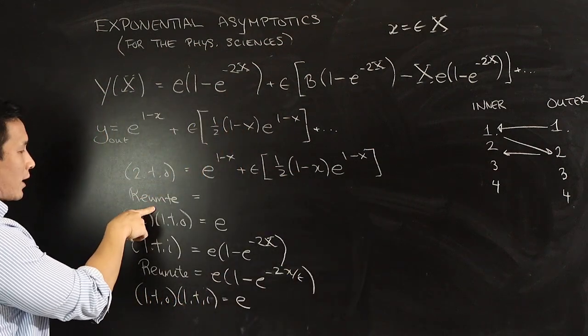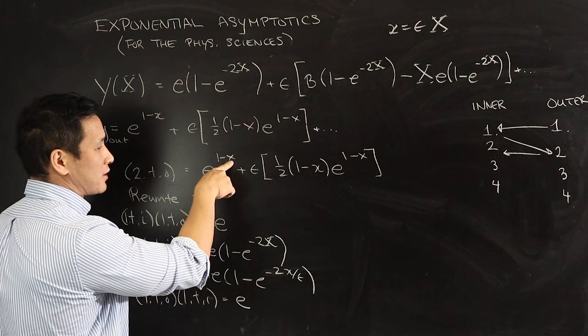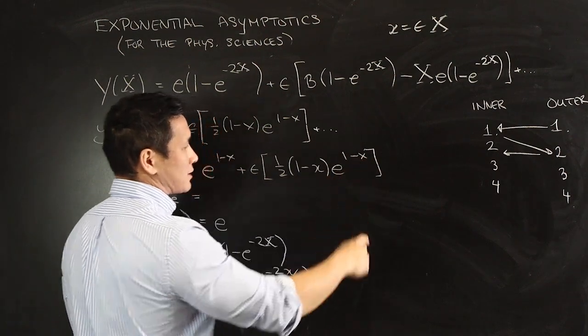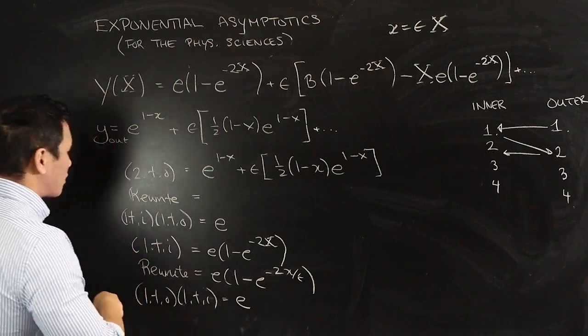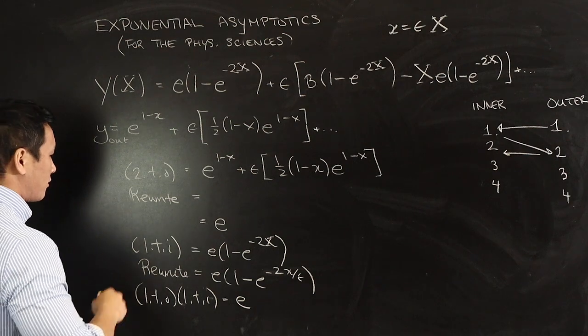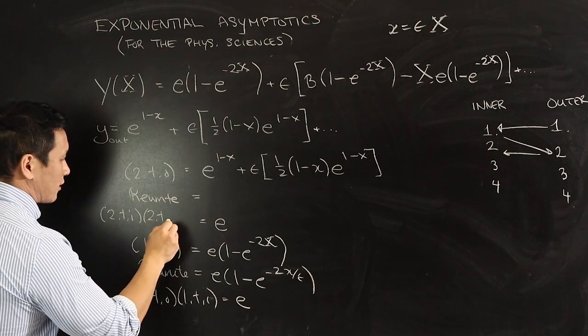I then have to rewrite that in inner coordinates. So this becomes epsilon times big X, and then I might want the 2-term inner, 2-term outer.